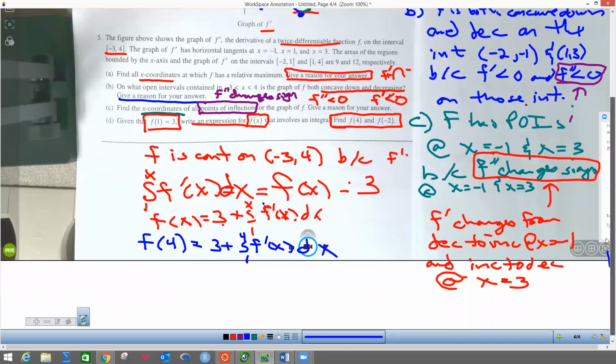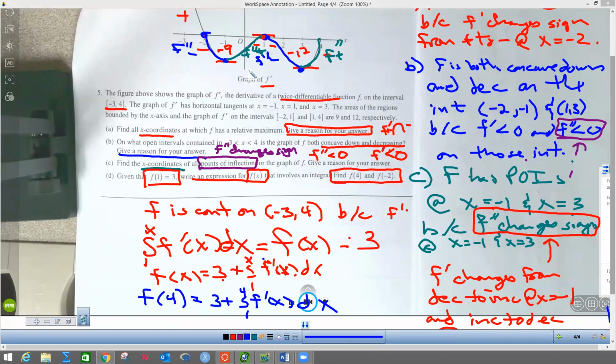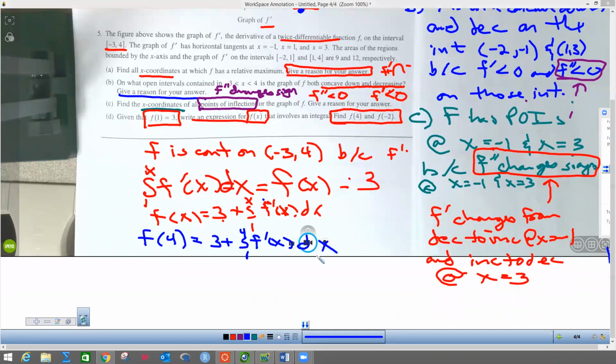So I have to look at what they told me earlier. We're starting at 1 and going to 4, right? Do you remember they told me that this area was negative 12? So then I come down here and this is going to equal 3, and I plug in the negative 12. So this answer is going to equal negative 9. So there's my f of 4.